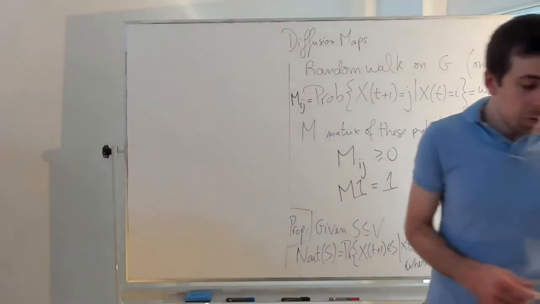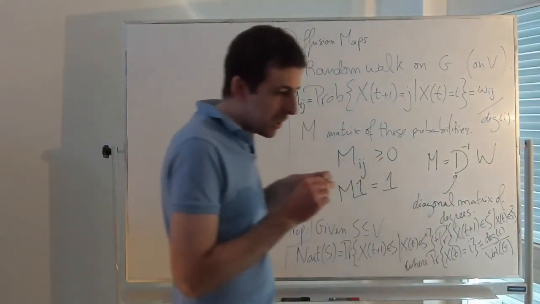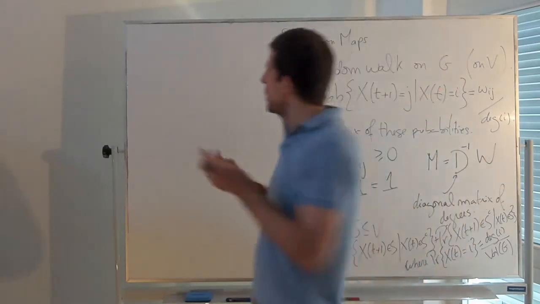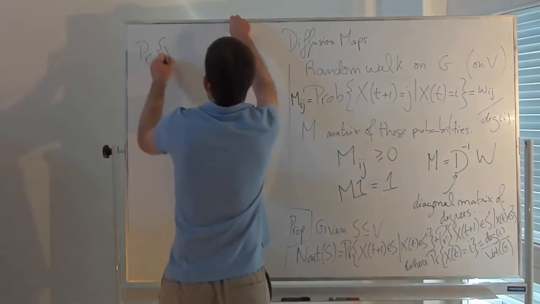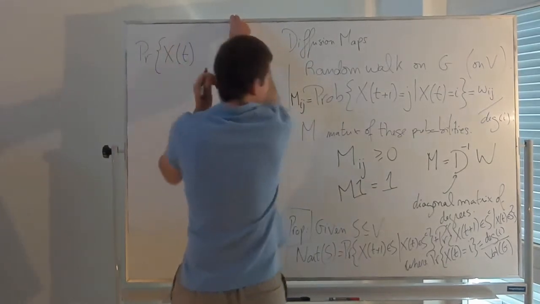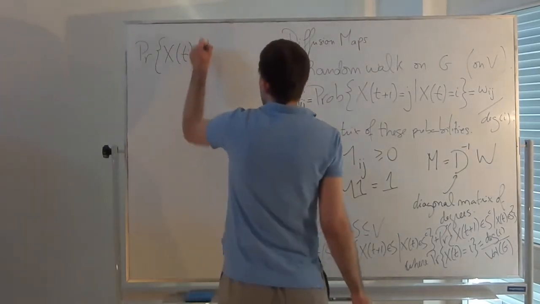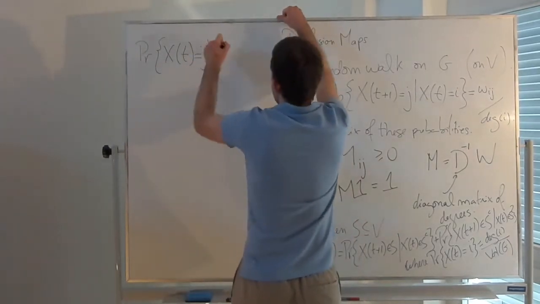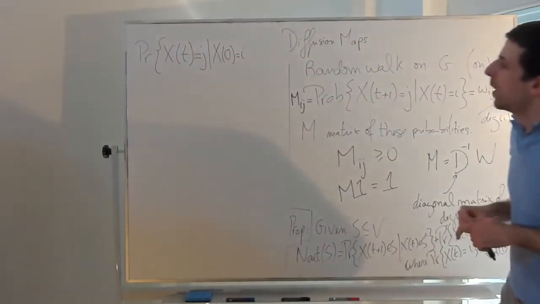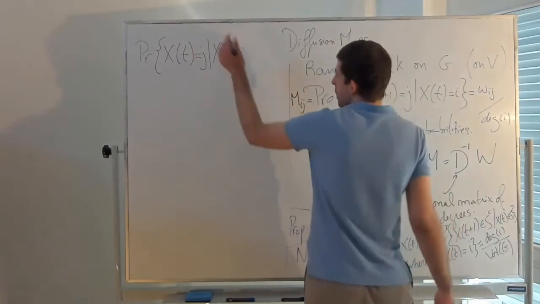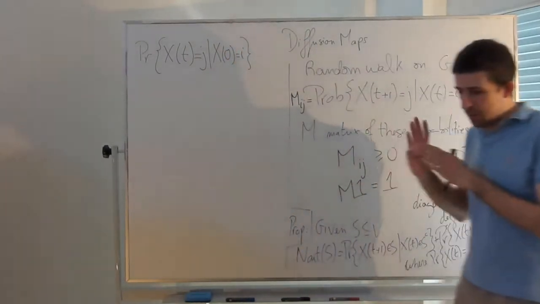We know in particular that for any t bigger than 0, a constant integer, the probability that you are at time t in j, assuming that you start at i at time 0, after t steps, is given by M to the t.